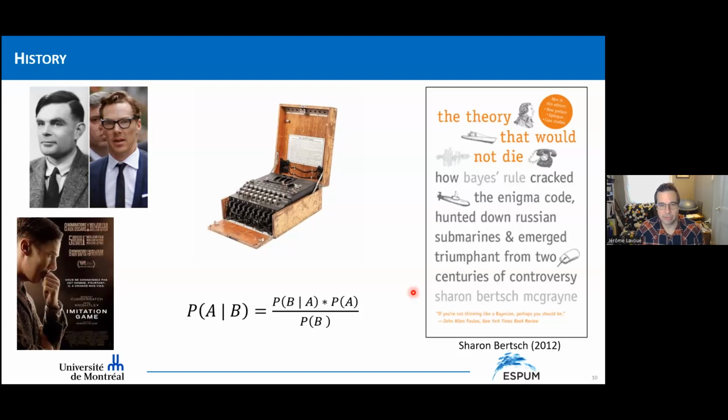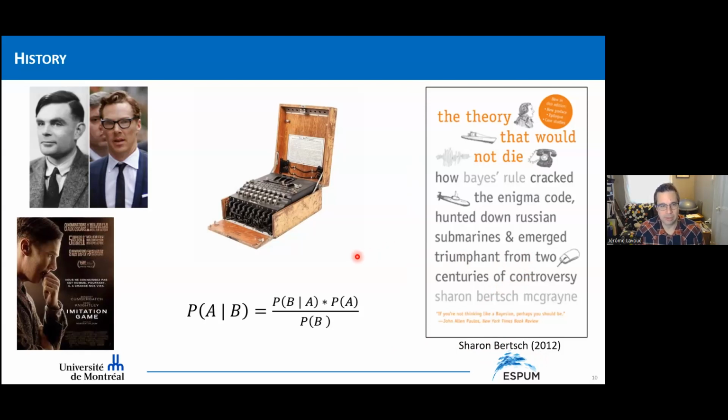And there's a very nice book, like a novel, written by Sharon Bertsch McGrayne, explaining the many adventures where Bayesian statistics were used successfully.